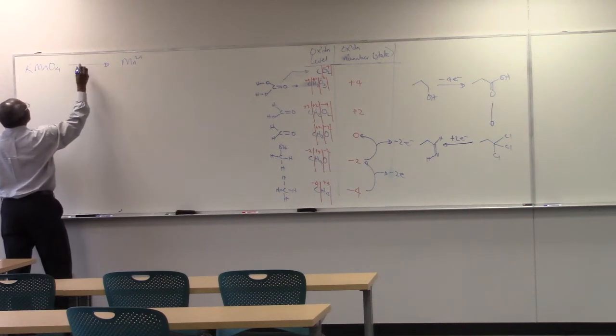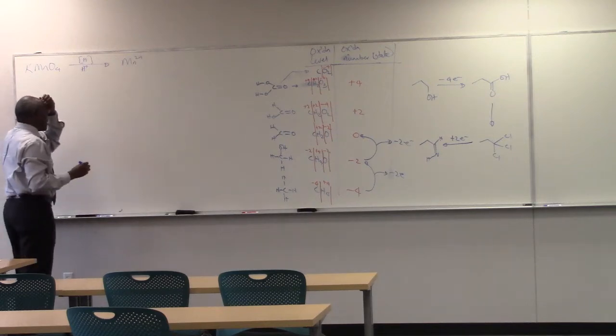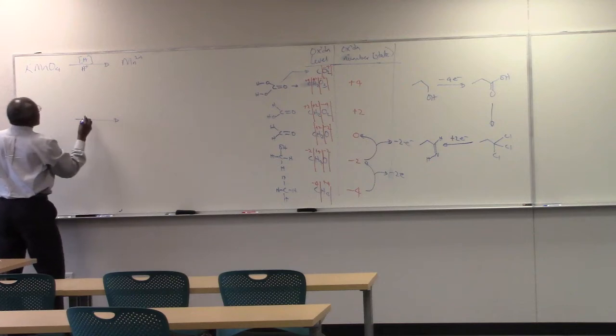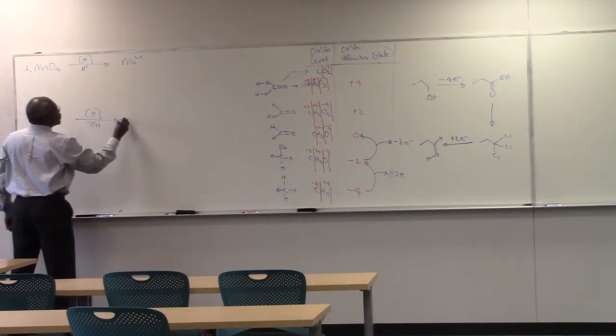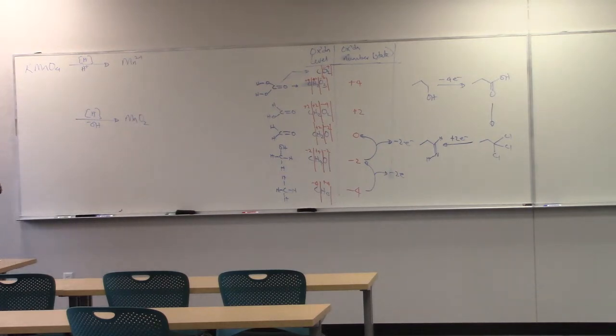So potassium permanganate under acidic conditions can be reduced to form manganese 2+, but under basic conditions is reduced to MnO2, to manganese dioxide.